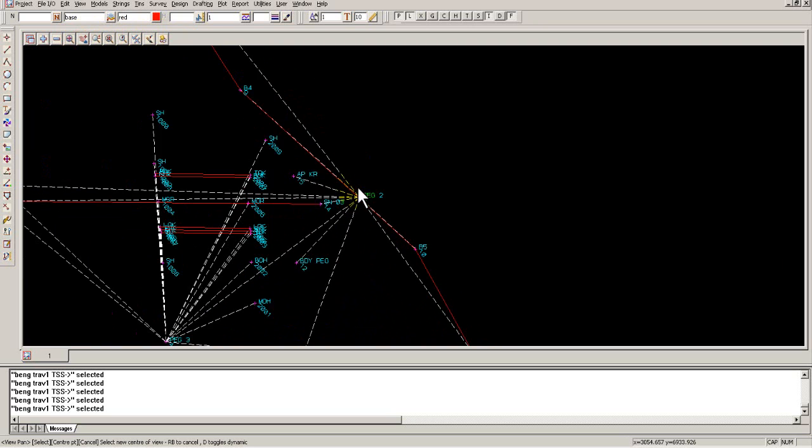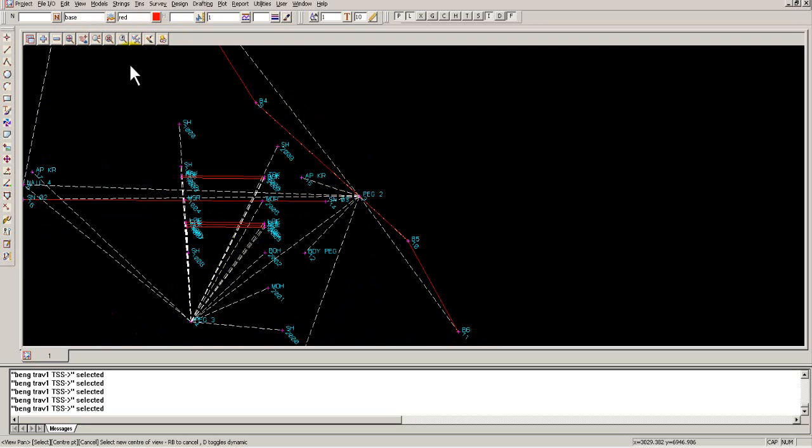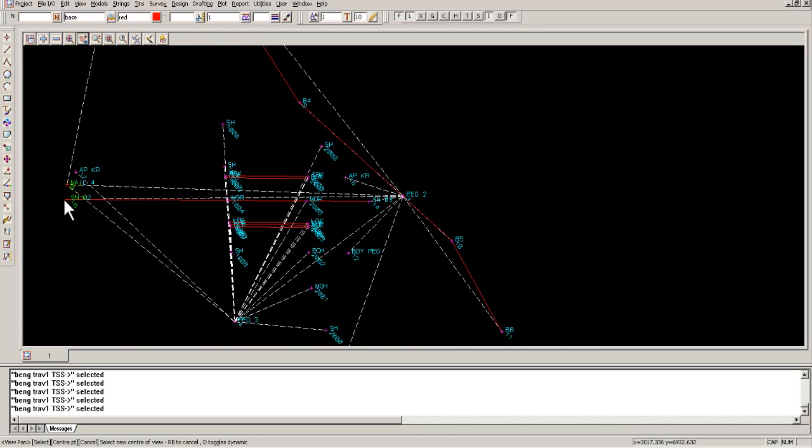Previously, with our leveling exercise, we had run a cross section from SN02 to SN03, so we picked those up, and we had some heights on those from our leveling traverse.